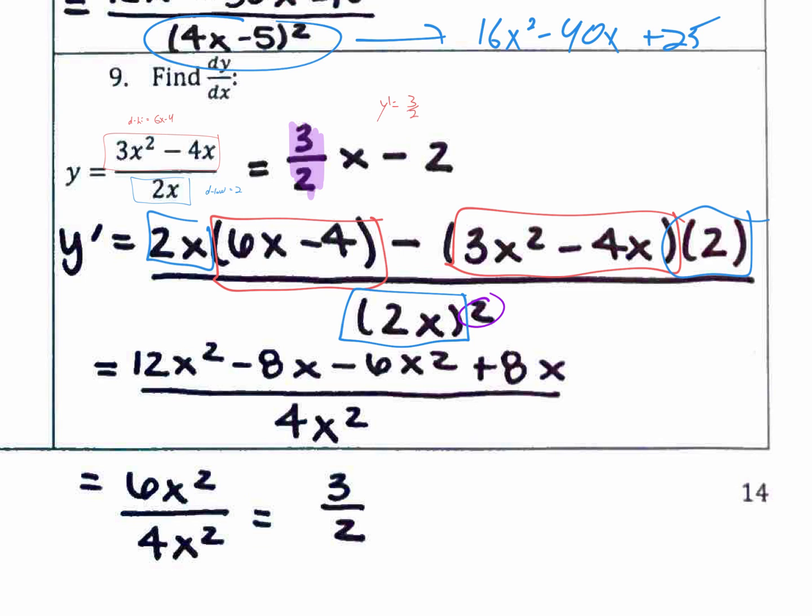So that's the calculus part, and then we'd have to do our distributions into both of these. Be careful with the negative sign, that affects everything. After, you'd have an expansion here. You combine your like terms. Holy smokes, the 8's are going to cancel each other out. 12x squared minus 6x squared. We have 6x squared over 4x squared. Wouldn't you know it, things cancel. We get 3 halves, but we already knew that was going to happen.